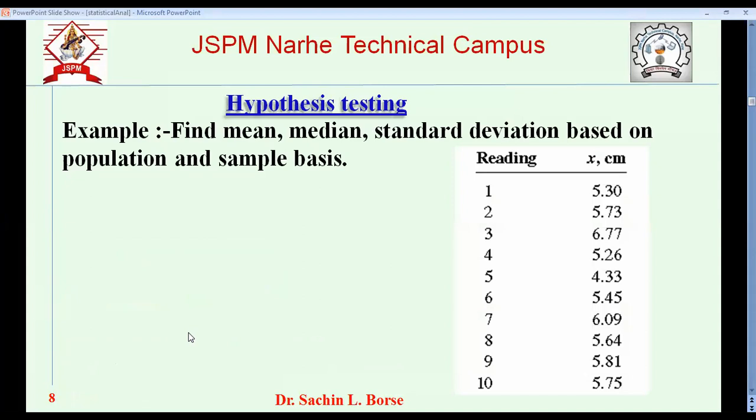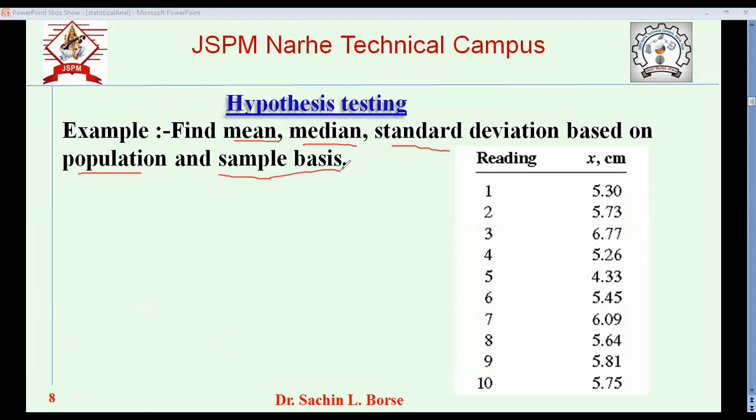Now, I am giving you readings that are not arranged in sequence. You need to find the mean, median, and the population standard deviation and sample standard deviation.